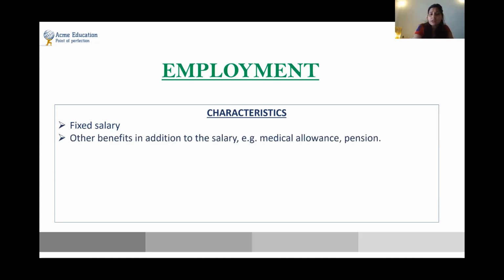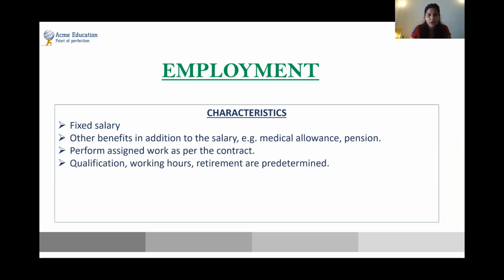There are other benefits apart from the salary, like medical allowances, pension, provident fund, car facilities provided by the company, and house facility provided by the company. Then they perform the assigned work as per the contract. So basically, an employee is supposed to perform the work as per the contract.